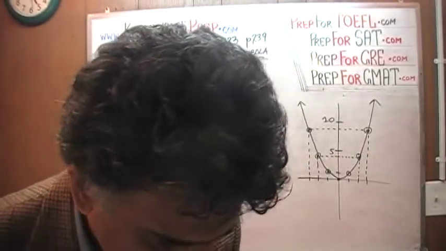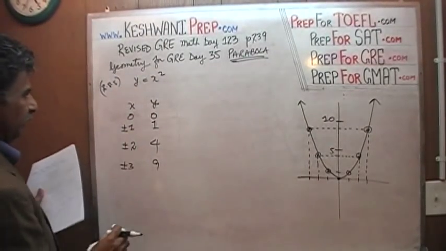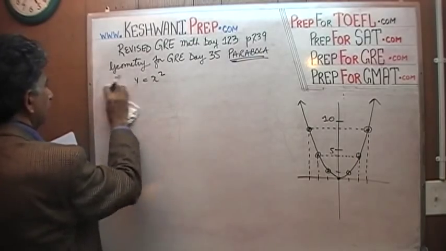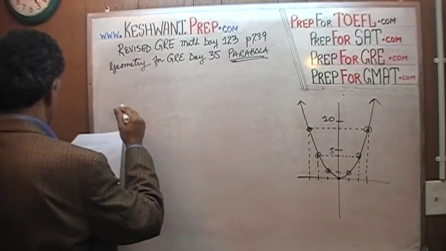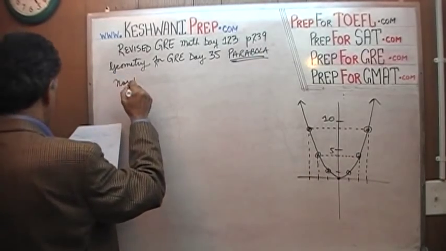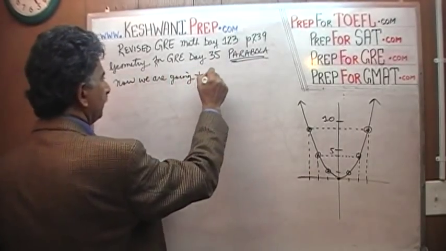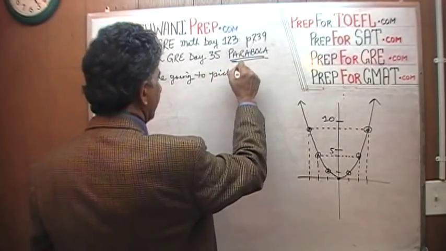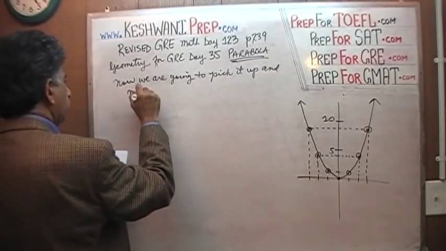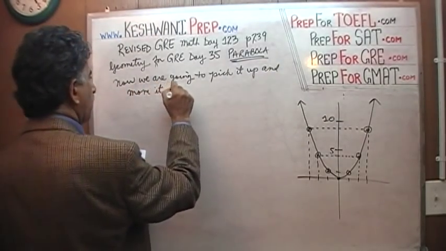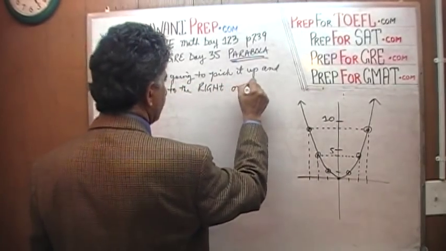Now I'm going to erase this part. We don't need it, I need the room. Now we are going to pick it up and move it to the right 1 unit.